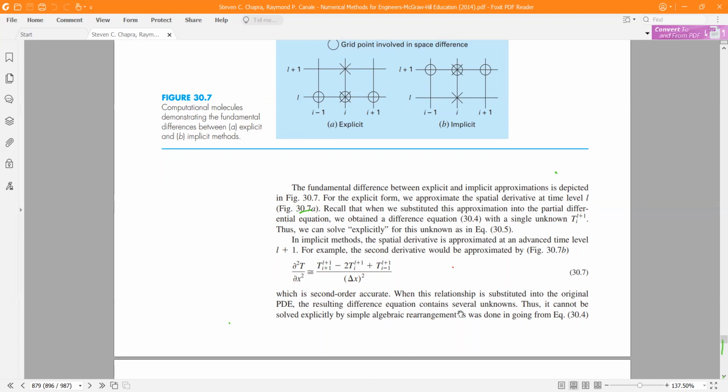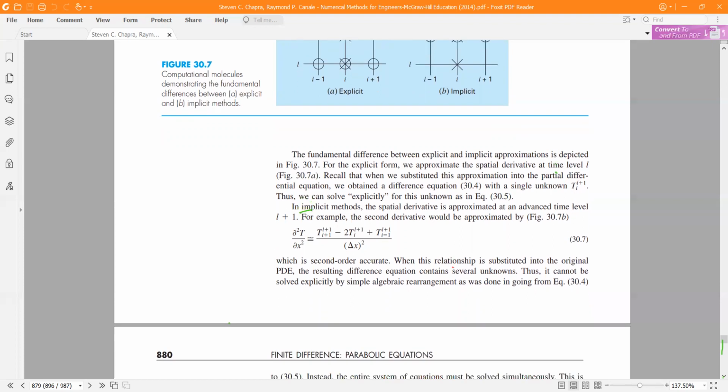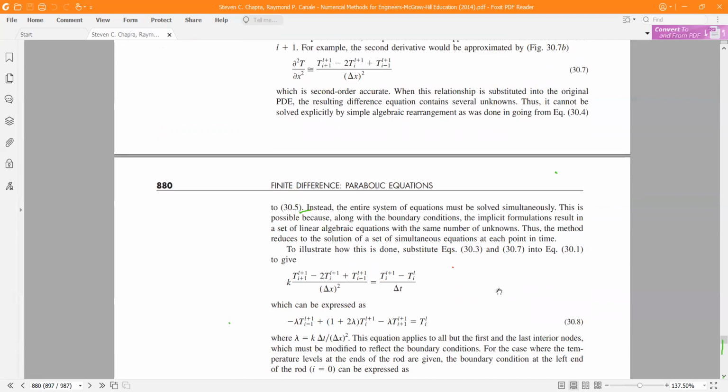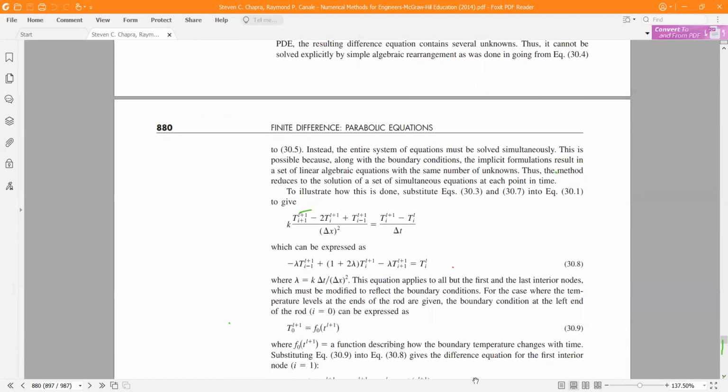So on both sides, left-hand side and right-hand side, we will have time L plus 1. In that case, your equation will take this shape, 30.8.